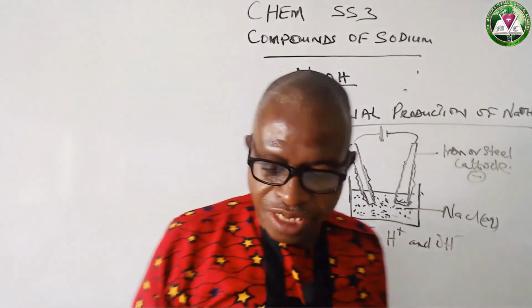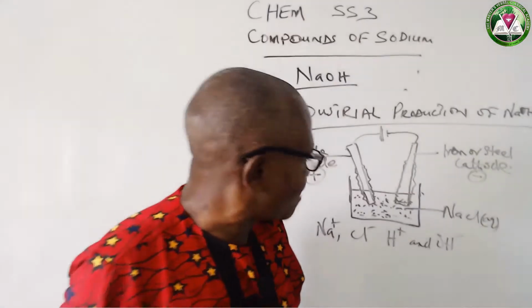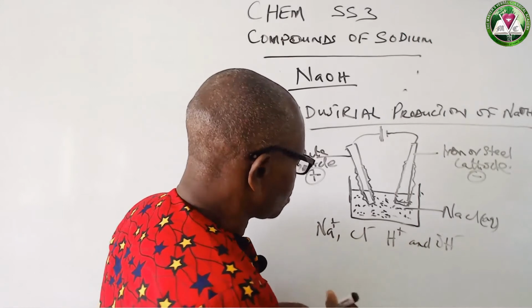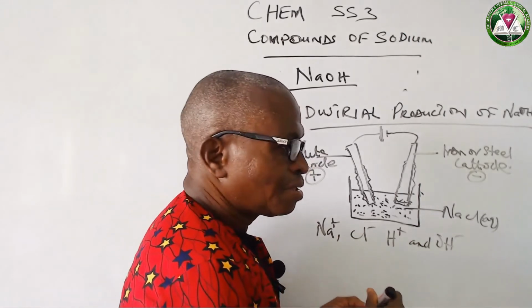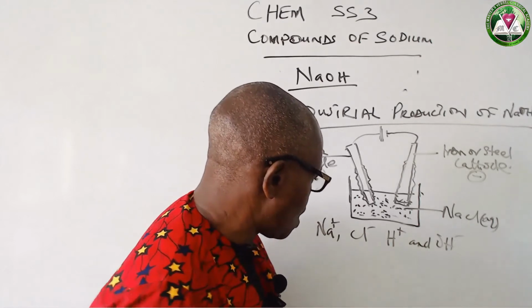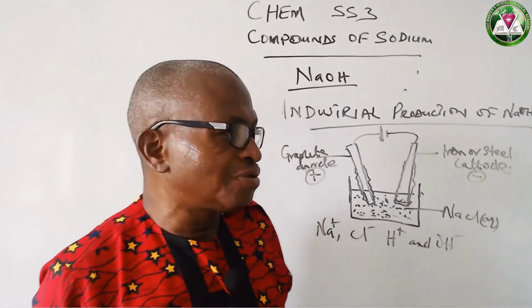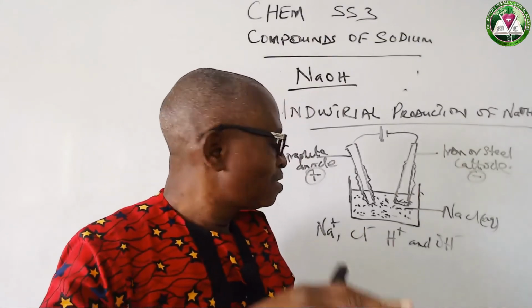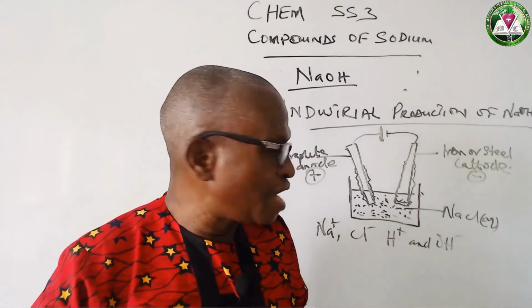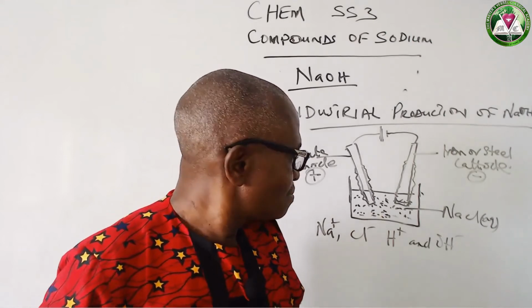We have done electrolysis. When we did electrolysis, we discovered that if sodium and hydrogen ion migrate to the cathode, because hydrogen is very low in the electrochemical series, hydrogen will be deposited or liberated on the cathode.